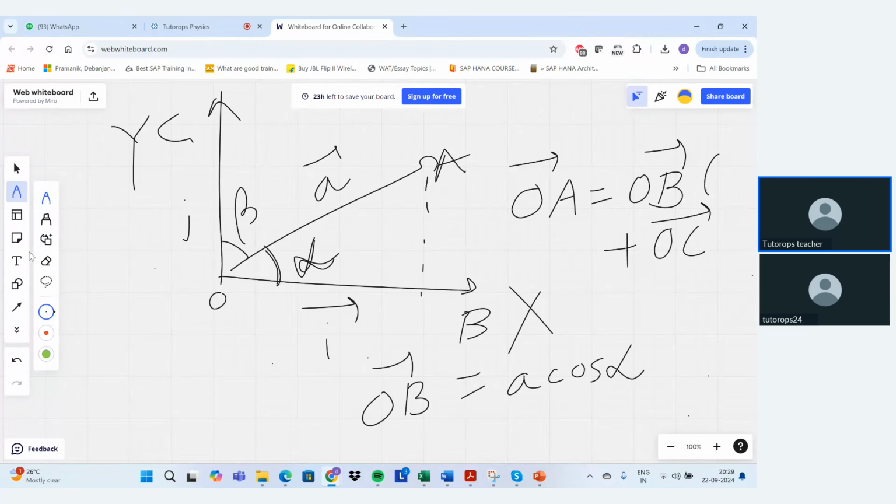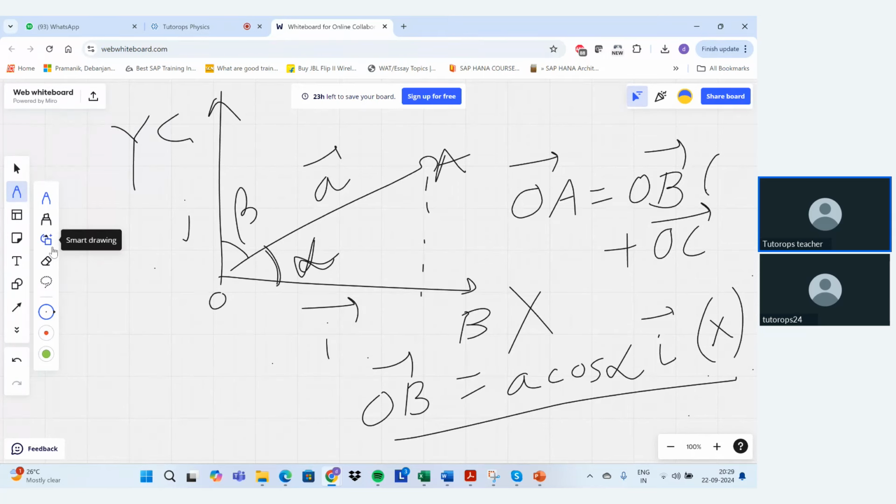In physics terminology, you have to write an i because this is a unit vector. So this is the x-axis projection. The same way we can write OC, this is my y-axis projection. It will be A cos, now tell me, this is my beta.